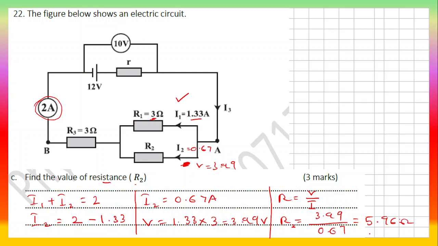This is approximately 6 ohms. So R2 is equal to 5.96 ohms. You can use other ways to get the same thing, but this is the shortest route.